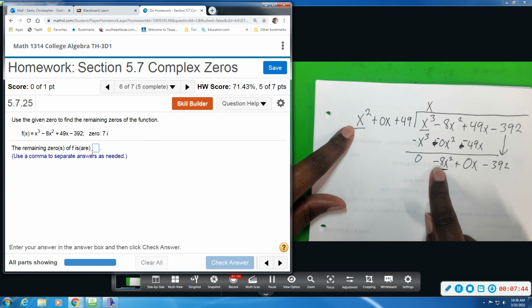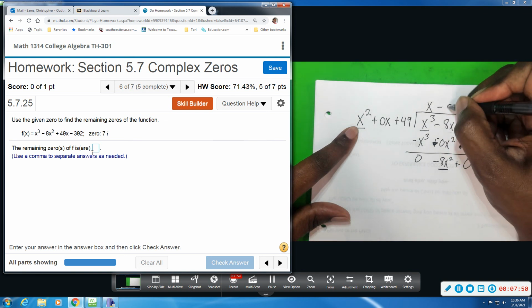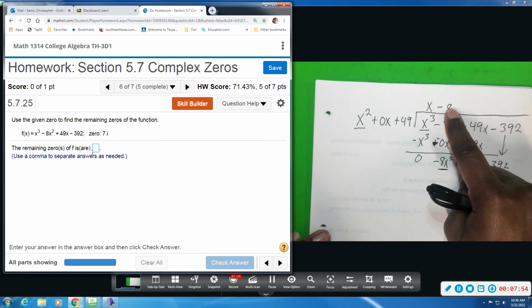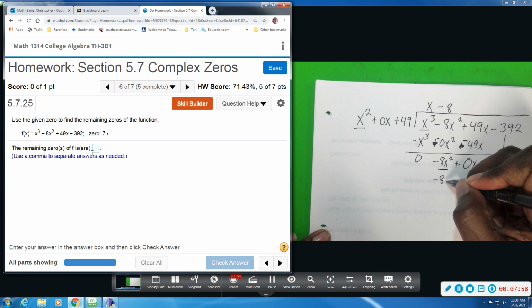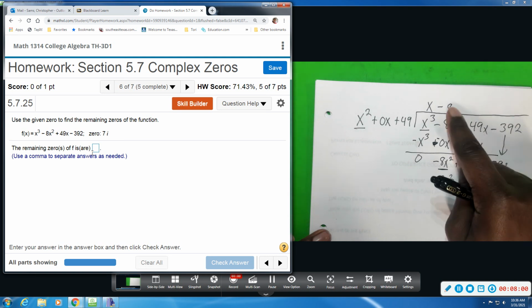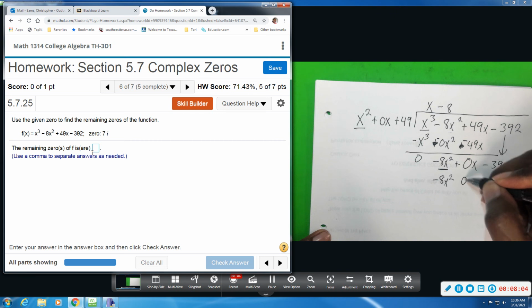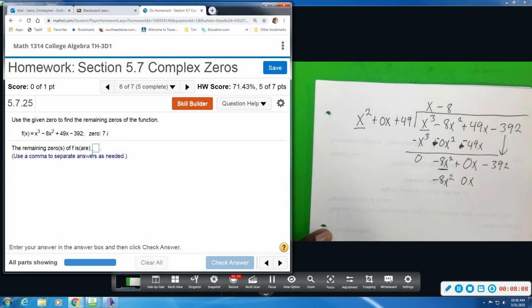So we have to multiply this term by negative 8 so that these are equal. So I'm going to write a negative 8 up here. That's the term I need. And when I do negative 8 times this guy, I get a negative 8x squared. Negative 8 times the 0x will just give me 0x, because 0 times anything is 0.